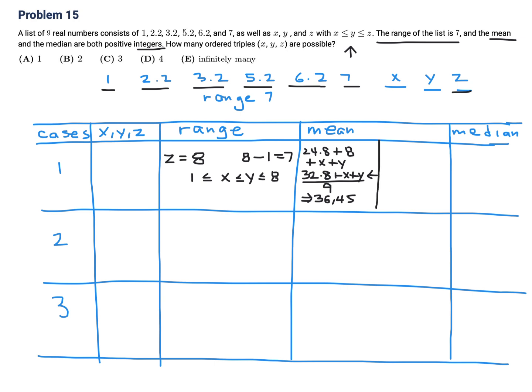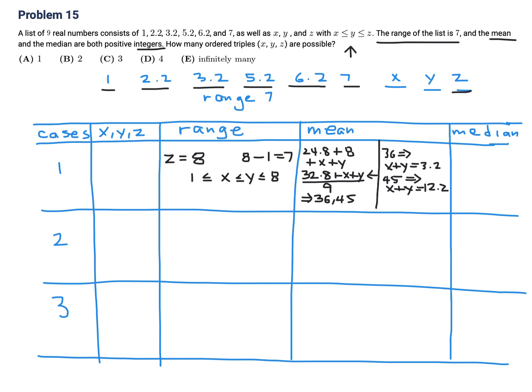Okay, if it's 36, then that basically means that x plus y is 3.2. If it's 45, that means that x plus y is 12.2. So therefore, now we have to figure out the median.